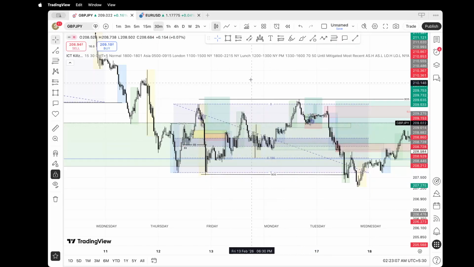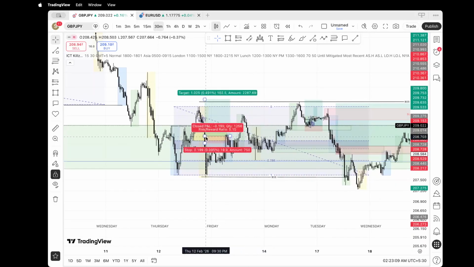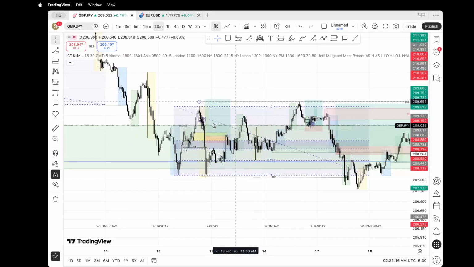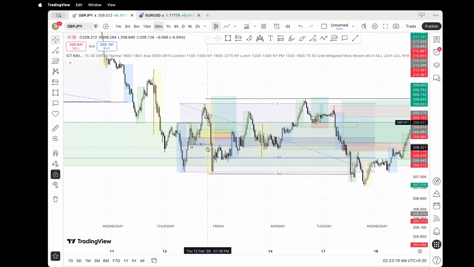So the very first mistake that I see in here is I was taking the trade above the discounted zone, not in the premium zone, and I just got out of the trade. So what was wrong here is something I can't say.